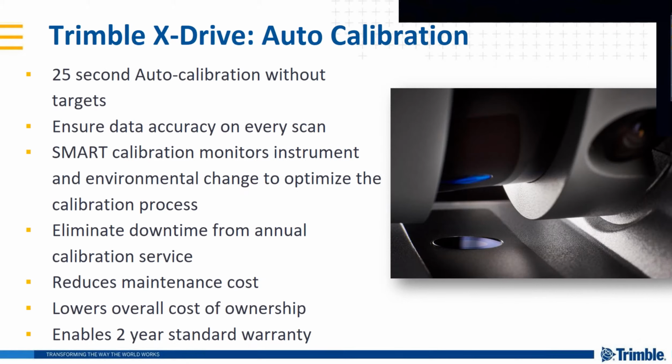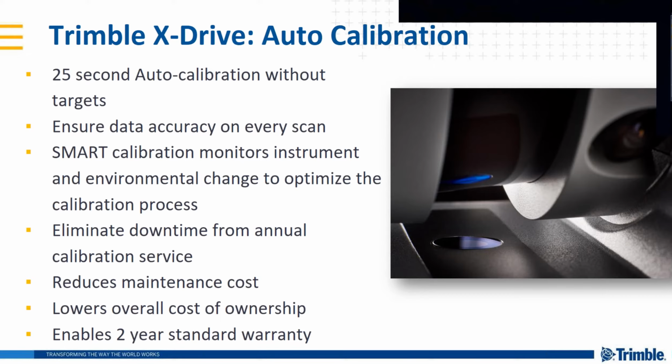And of course, one of the very unique features is first the auto calibration. Most of you know that any laser scanner or any total station, whenever it leaves the factory, goes through a calibration process, where we find the deviation values on the instrument, and this then goes into a calibration matrix.